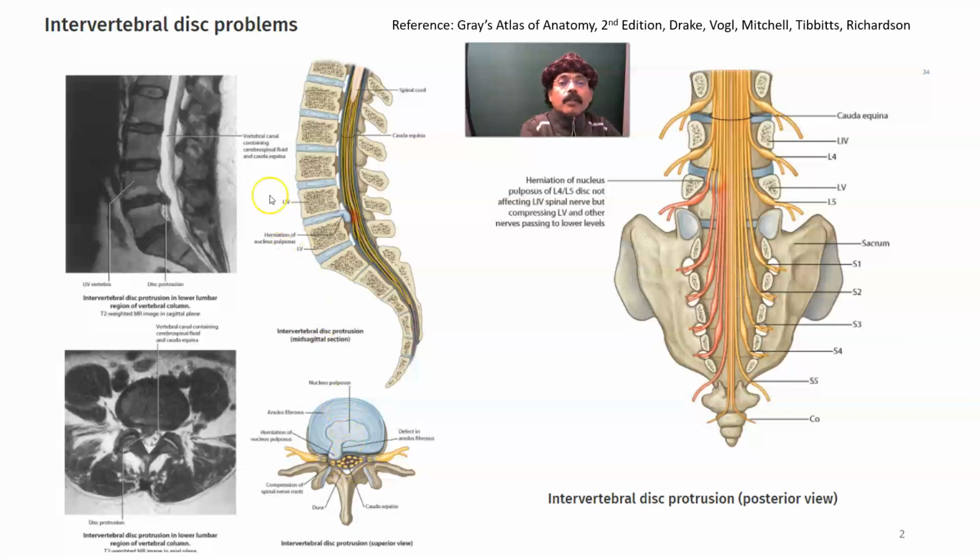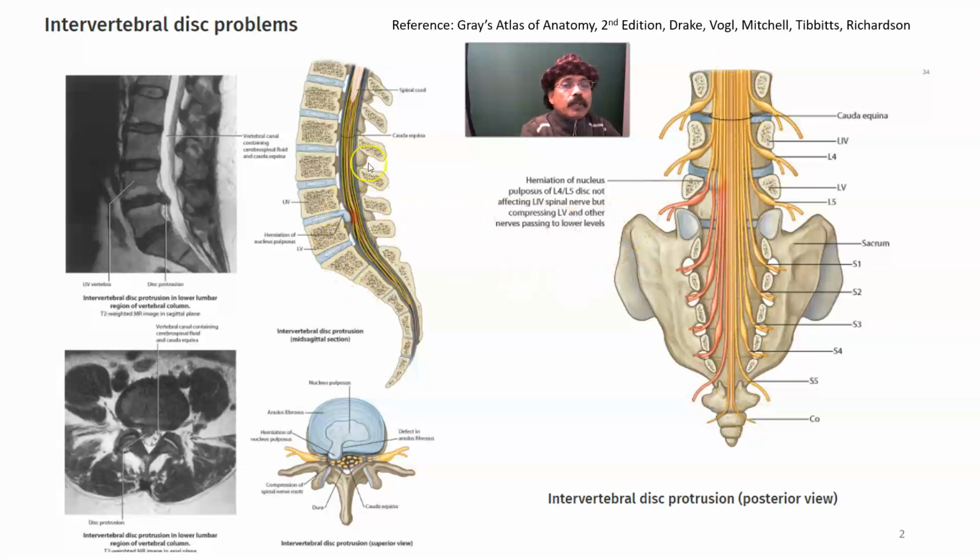So the vertebral canal contains cerebrospinal fluid and Cauda equina here, and intervertebral disc protrusion in the lower lumbar region is a very common condition. This is Cauda equina, and this is the coccyx 1.